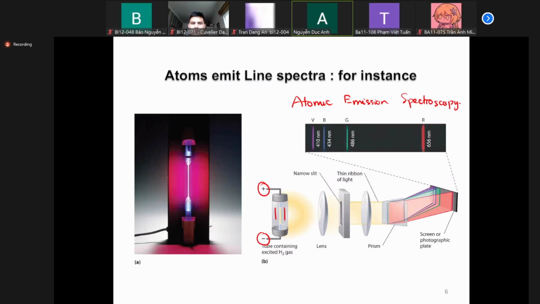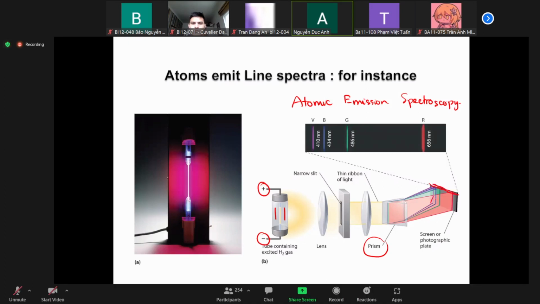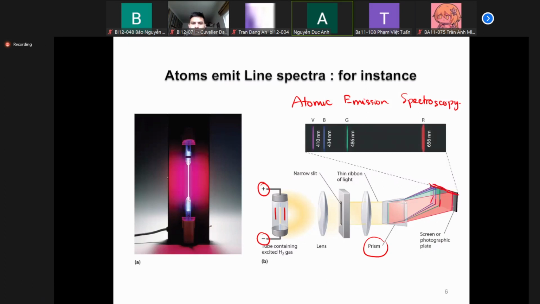After that, they move through a prism here. On the screen, a photographic plate, you will see some different lines. It shows the different wavelengths that can be emitted by hydrogen in the excited state. So we will see what happens in this case in the next several parts.